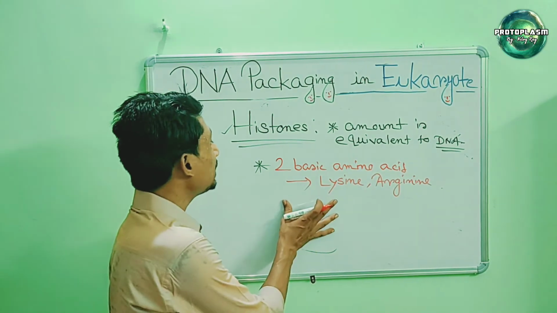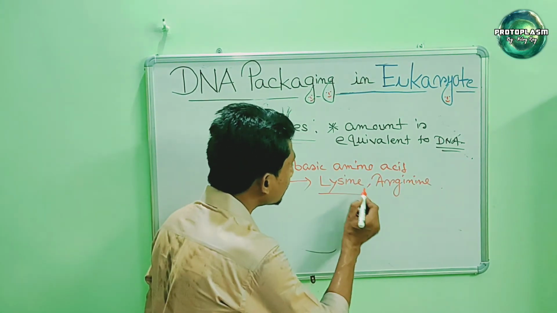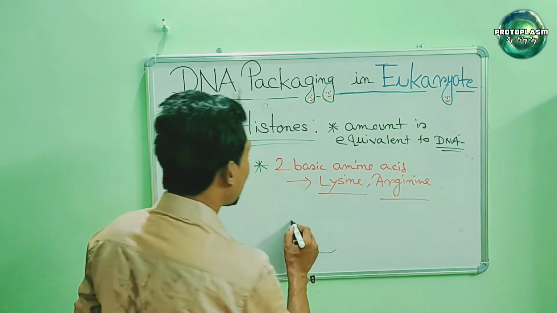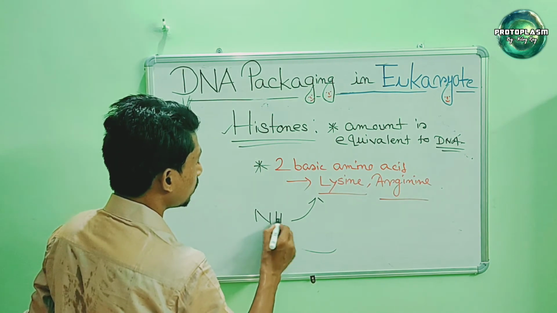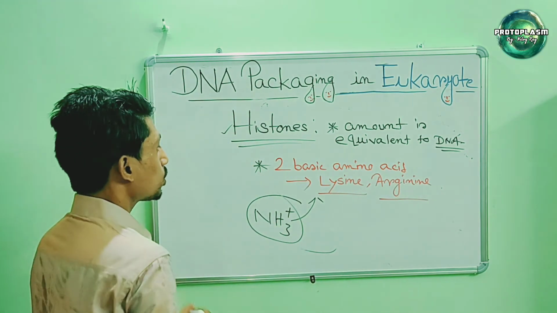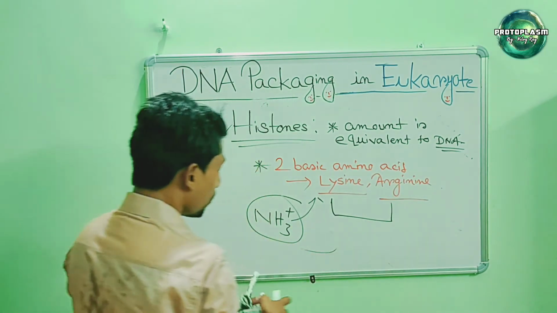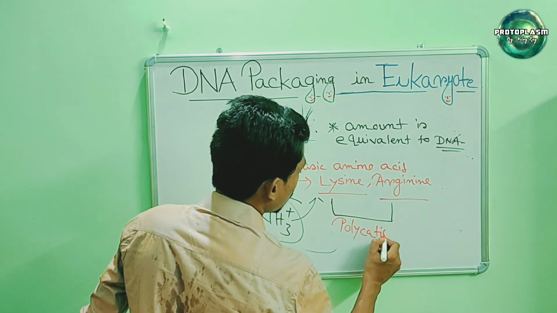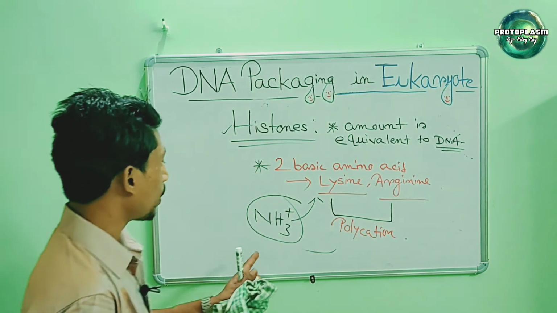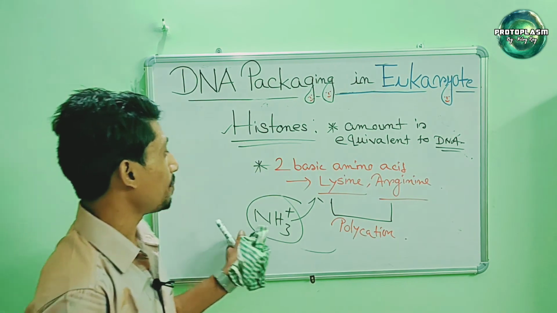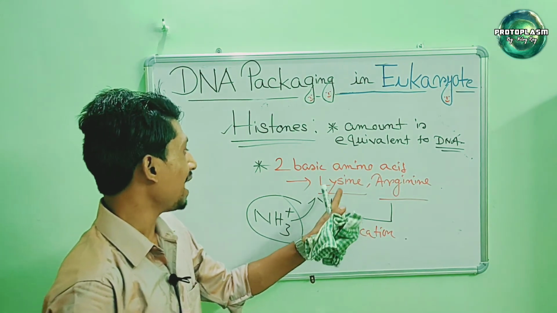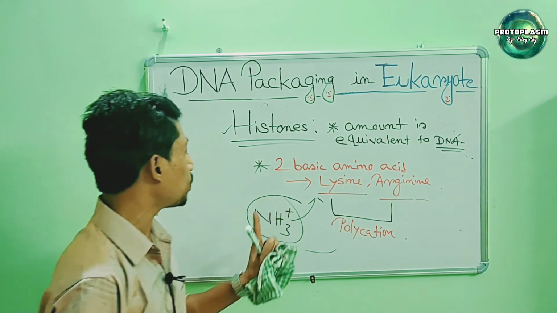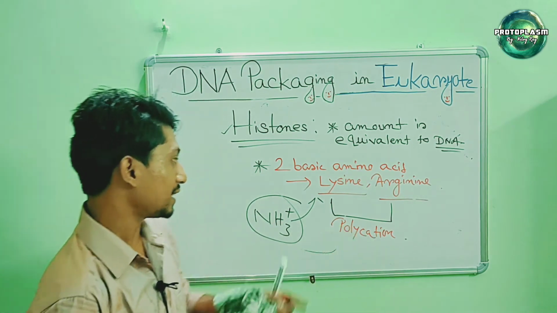They contain an NH3 positively charged group, so these act as a polycation. See, this is a very important point. The histone proteins are made of two kinds of basic amino acids, lysine and arginine. They have an exposed NH3 plus group that acts as a polycation.